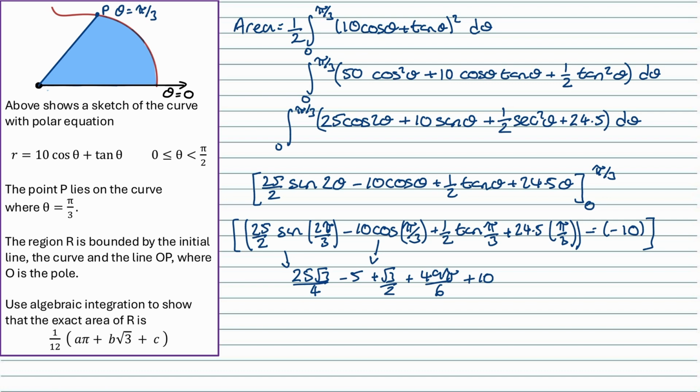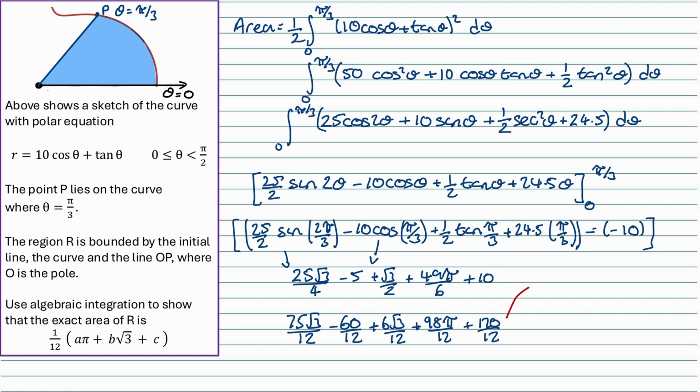Now to write it in this form, we need a common denominator of 12. If I multiply this by 3, we get 75 root 3 over 12. We'll times this by 12, we'll get -60 over 12. We'll times this one by 6, we get plus 6 root 3 over 12. And if I multiply this one by 2, we get 98 pi over 12. And for the 10, we get 120 over 12.